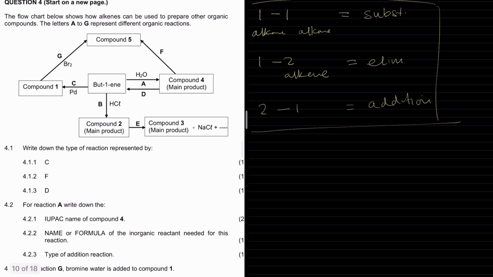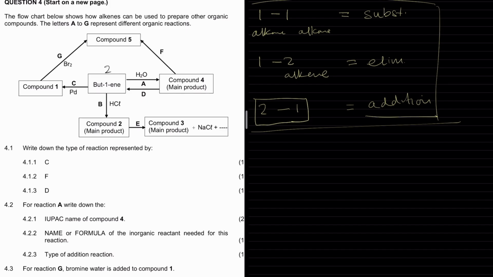So 4.1, write down the type of reaction represented by C. So C is showing me, I'm going from but-1-ene. So but-1-ene is an alkene, so it is a 2 because it has a double bond. And I'm going to compound 1. I don't know what compound 1 is. Now, if I look at my little note here, the only reaction that goes from a 2 to a something is an addition reaction.